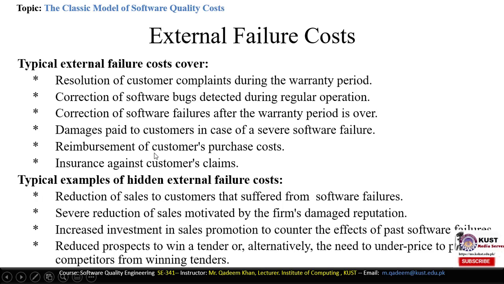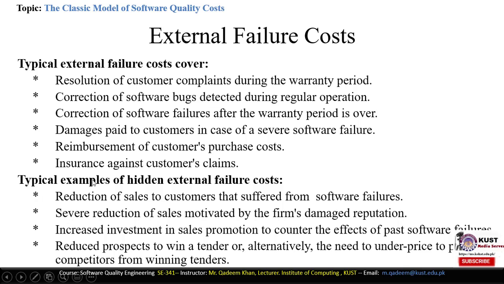Third, reimbursements of customer purchases. If certain defects occur, then all sorts of reimbursement will be paid by the development organizations to the customers. So all the reimbursement of the customer's purchase cost is also an external failure cost. Insurance against customers' claims is also an external failure cost.